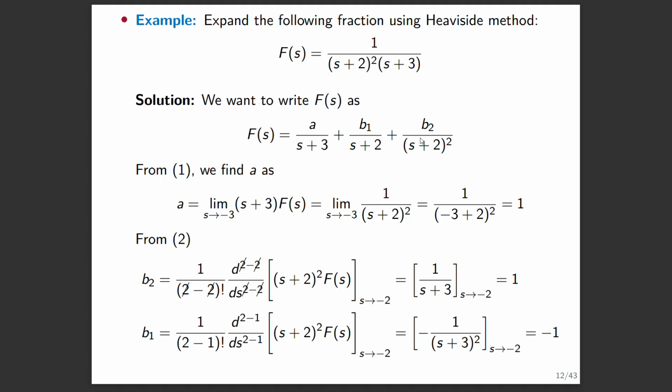When I break it into pieces, I might get a term with only s plus 2 in the denominator, and I might get a term with s plus 2 squared in the denominator. So what should I do here?